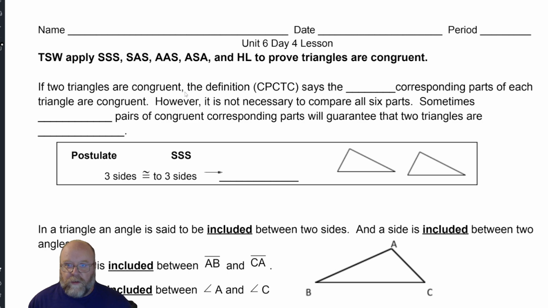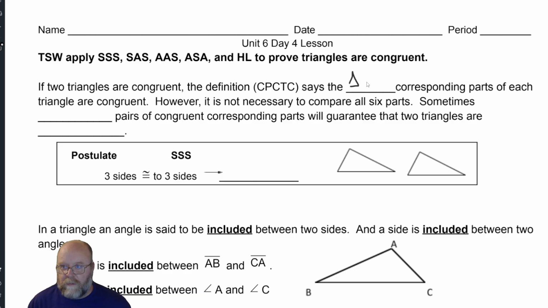If 2 triangles are congruent, the definition CPCTC, which means the corresponding parts of congruent triangles are congruent, says that the corresponding parts of each triangle are congruent.